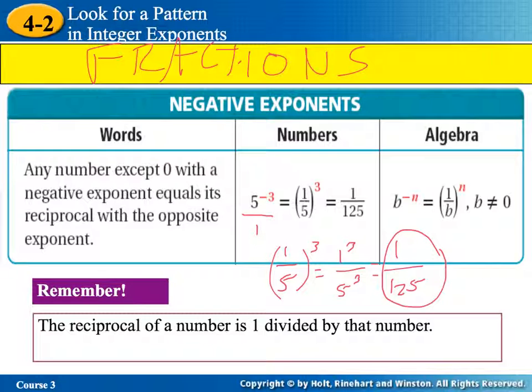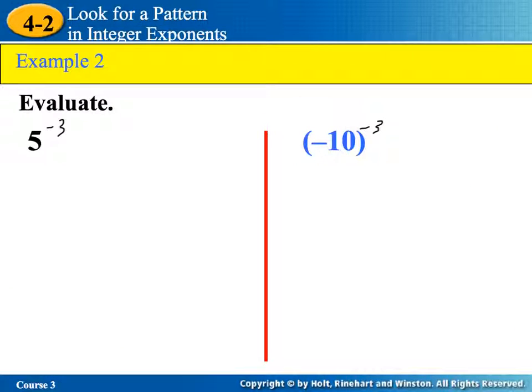All right, so let's try the next couple with me. It says evaluate. You should already have that written down. So as you look at this, 5 to the negative third. This is the problem you just wrote down, actually, but I want to show you the work again. 5 to the negative 3 is all over 1.